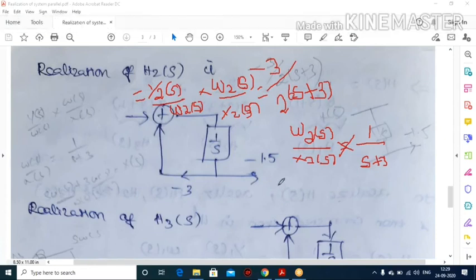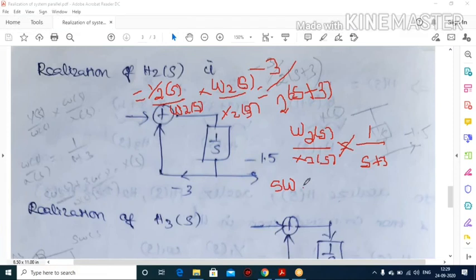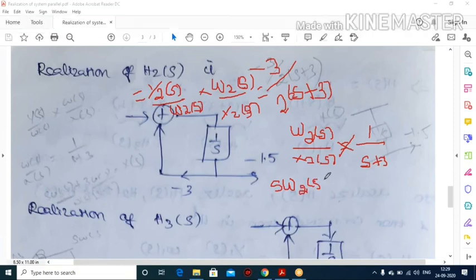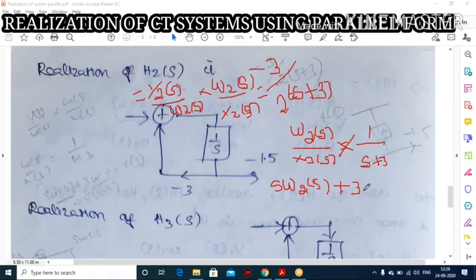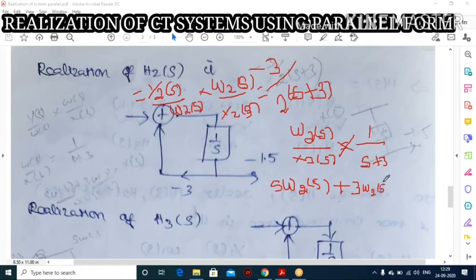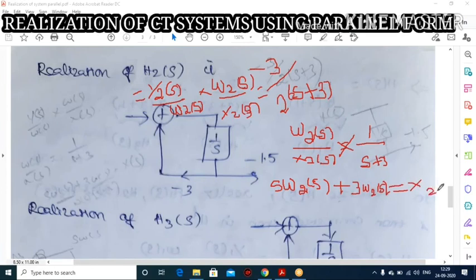What do you get? S into W2 of S, because this is the second transfer function. So I put here S into W2 of S plus 3 into W2 of S, which is equal to 1 into X2 of S.